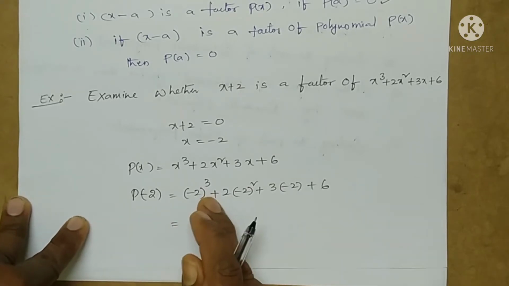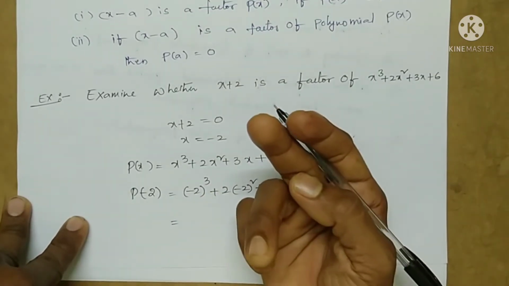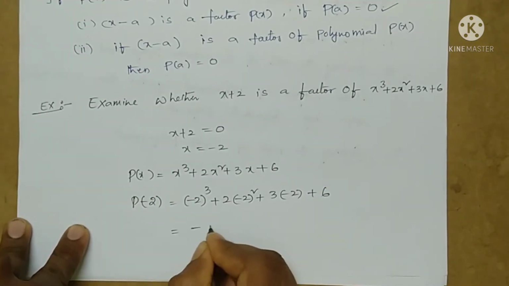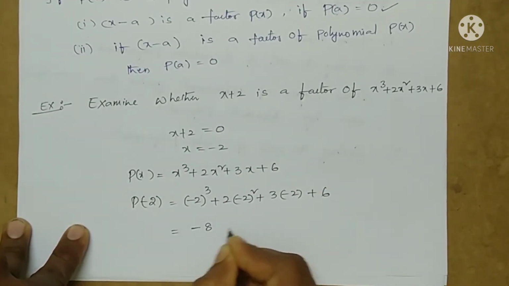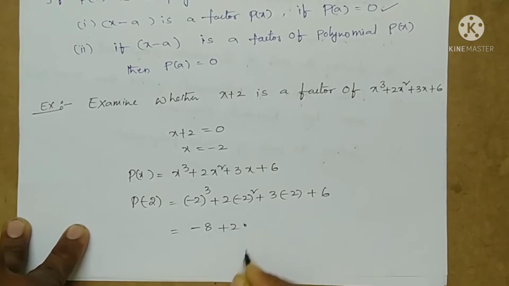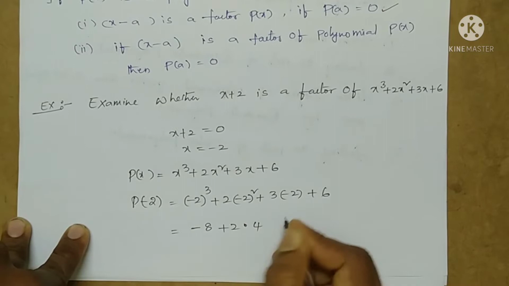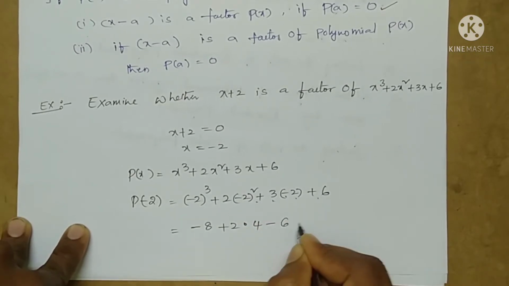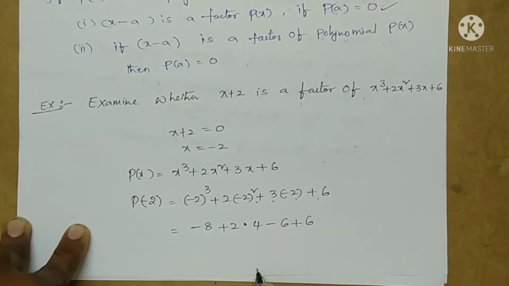So minus 2 whole cube means minus into minus is plus, again minus, so minus 8. Plus 2 into minus 2 whole square means 4. Plus into minus is minus, 3 twos are 6, and again plus 6 is the constant term.